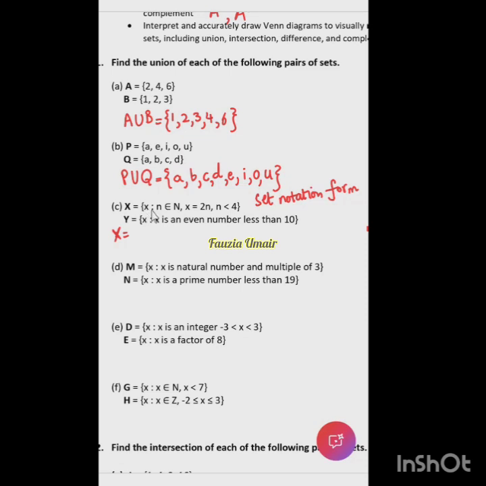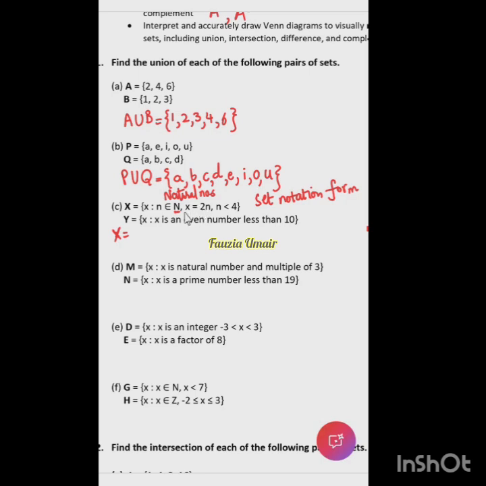It's written X such that n belongs to N. What does this capital N stand for? This stands for natural numbers, right? So this means X such that n belongs to natural numbers and x is equal to 2n, right?